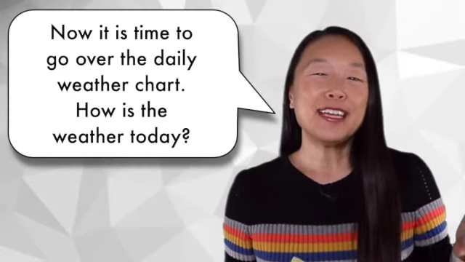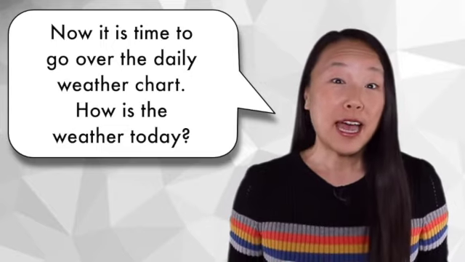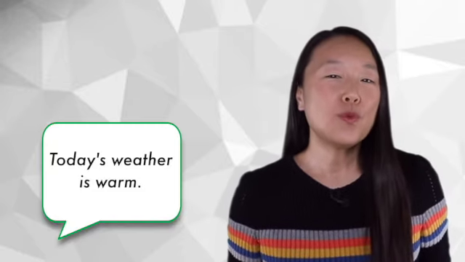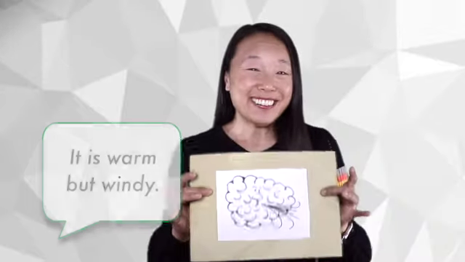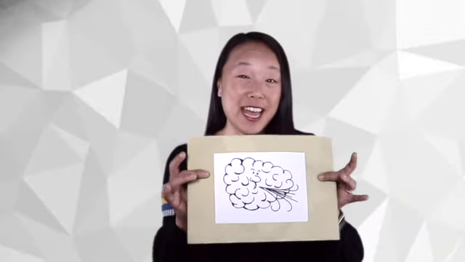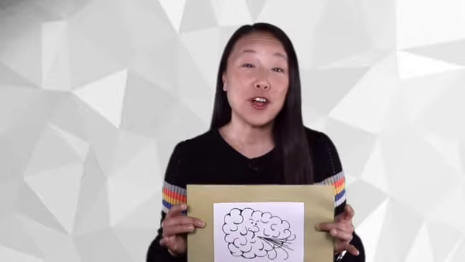You can start by saying, "Now it is time to go over the daily weather chart. How is the weather today?" If students respond by saying, "Today's weather is warm," or "It is warm but windy," you can also ask them to attach the correct weather image card for the day to the chart.